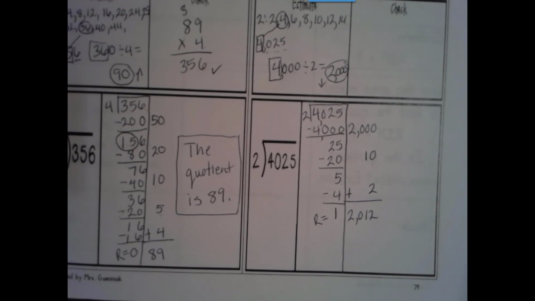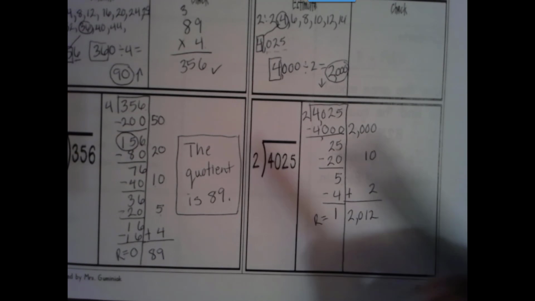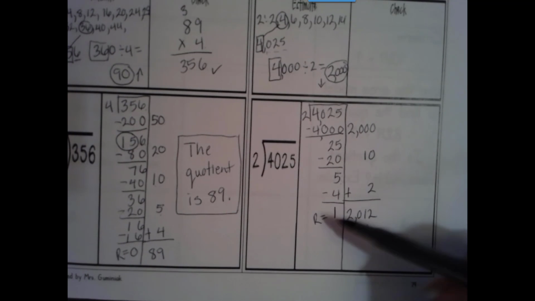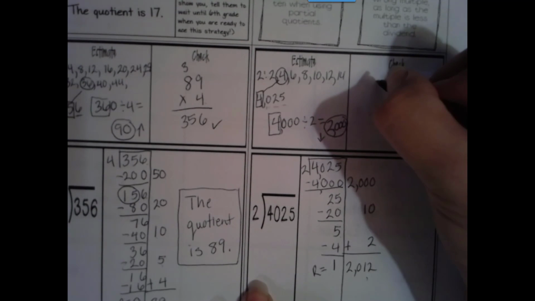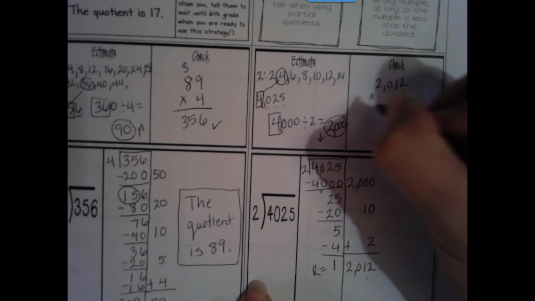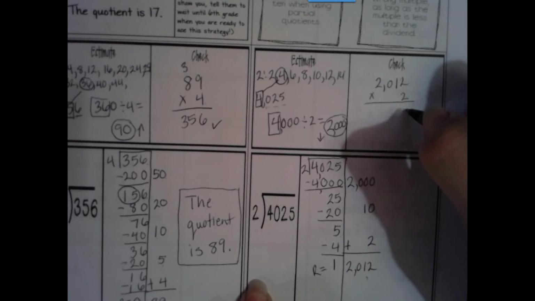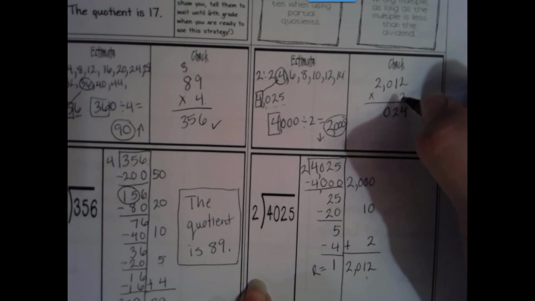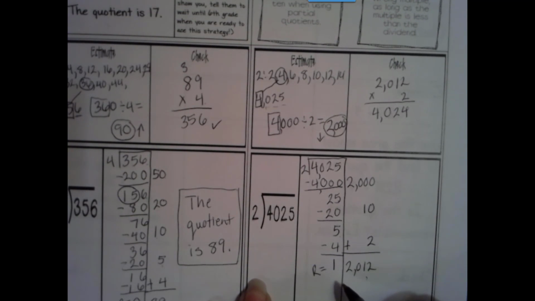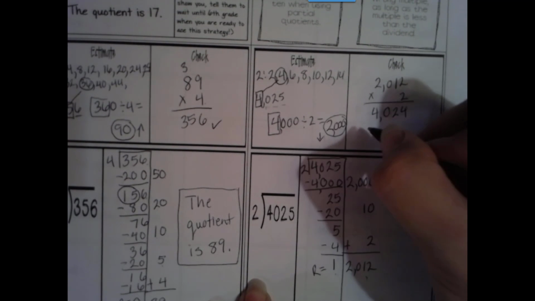Okay, so now we're going to check. To check, it is our divisor times our quotient plus our remainder. So 2,012 times 2. 2 groups of 2 is 4. 2 groups of 1 ten is 2 tens. 2 groups of 0 is 0. 2 groups of 2,000 is 4,000. And then we add our remainder.